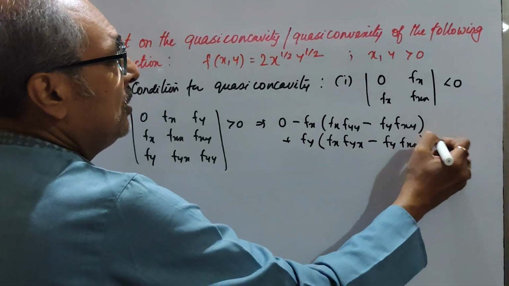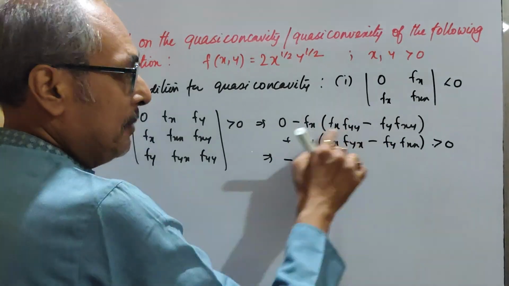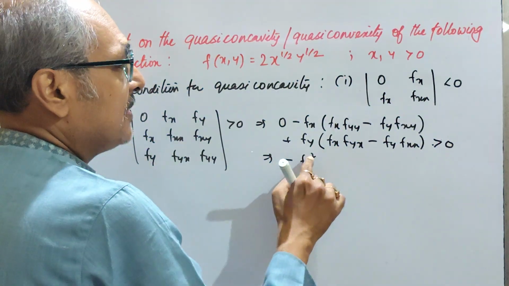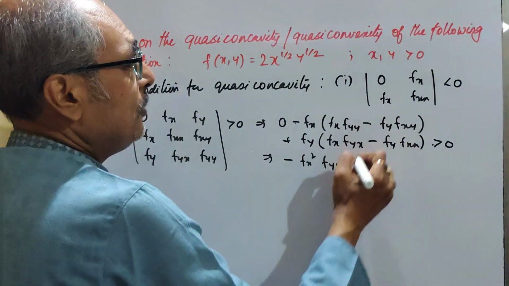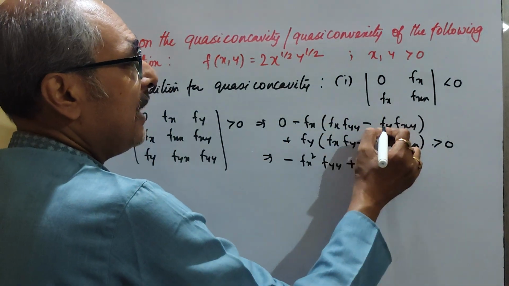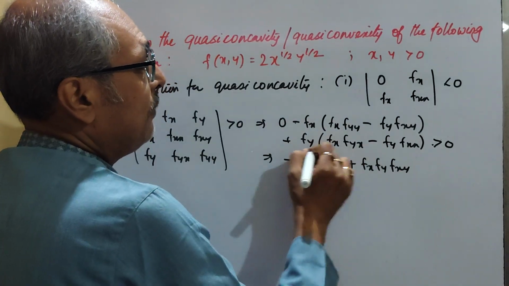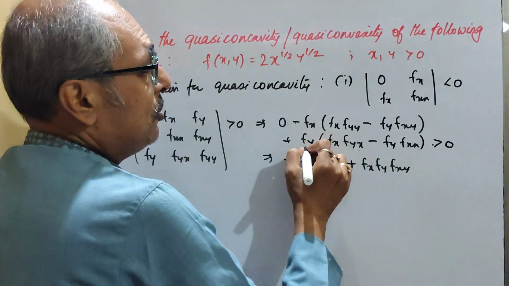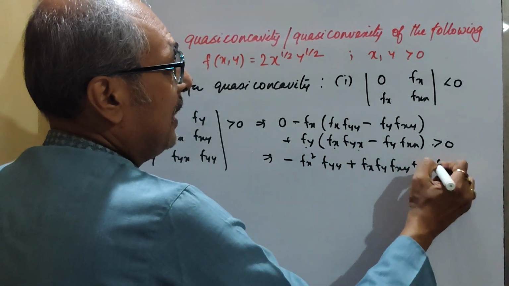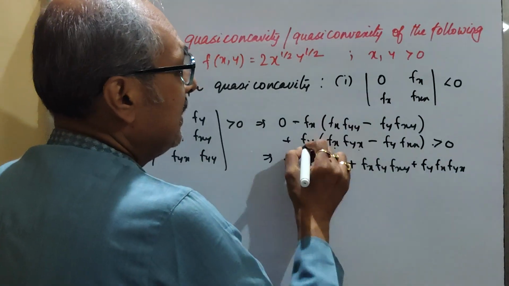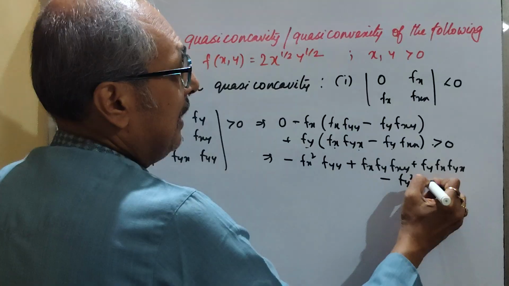This becomes minus fx square fyy, this minus into minus becomes plus fx fy fxy, plus fy fx fyx, then minus fy square fxx.